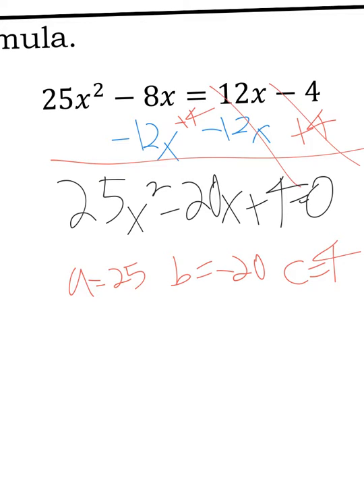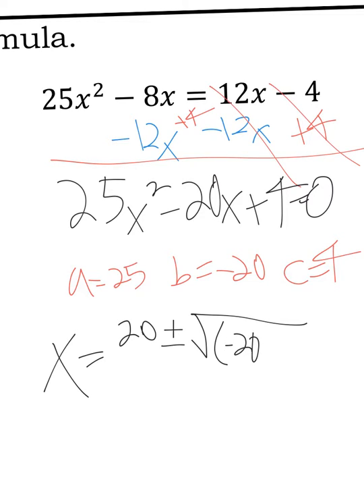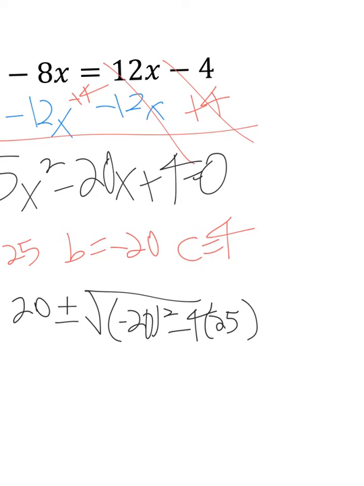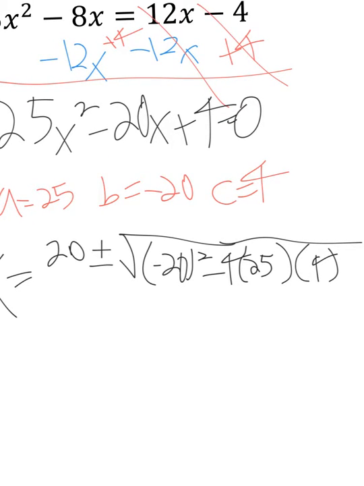So my quadratic formula is going to say x equals negative b, which is negative 20, so it's going to turn to positive 20, plus or minus the square root of b squared minus 4ac, so that's going to be negative 20 squared minus 4 times a is 25 and c is 4, and all that is over the value of 2a. So I'm going to write divided by 2 times 25.